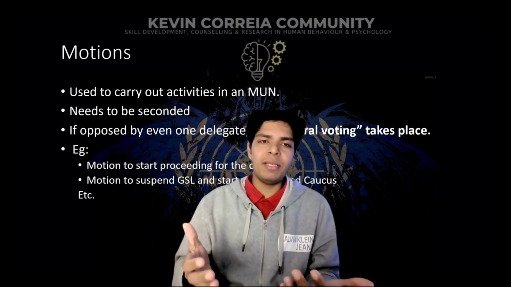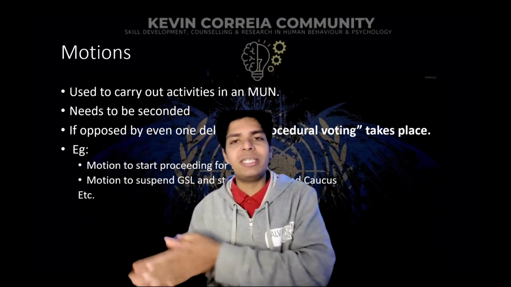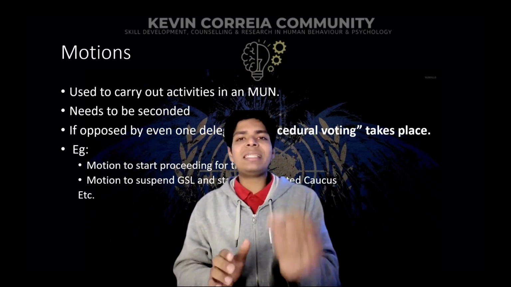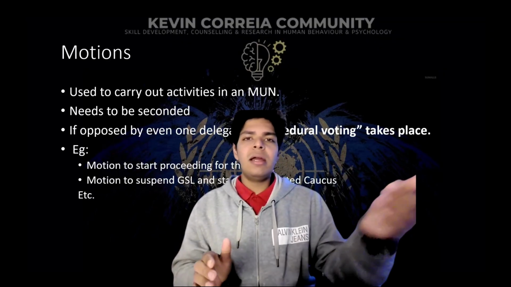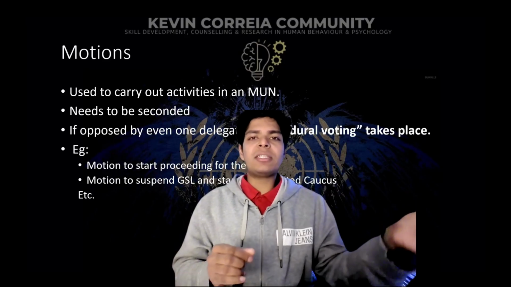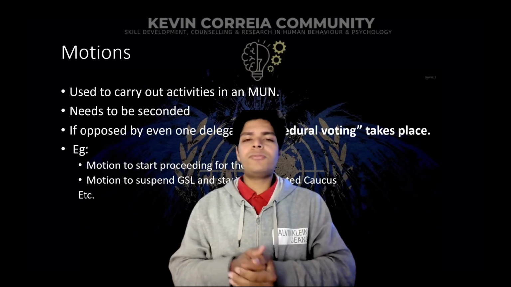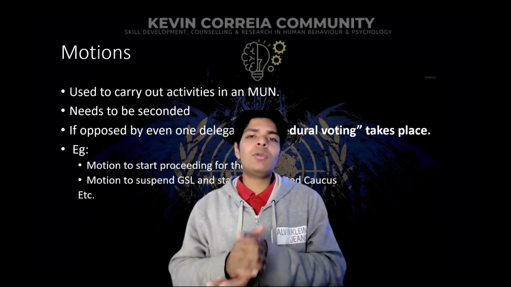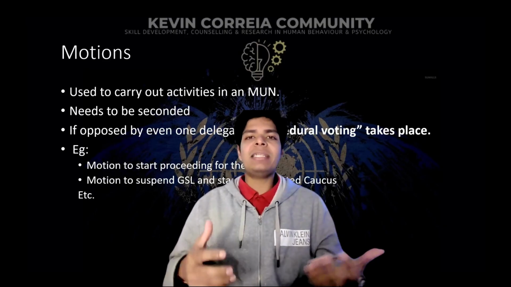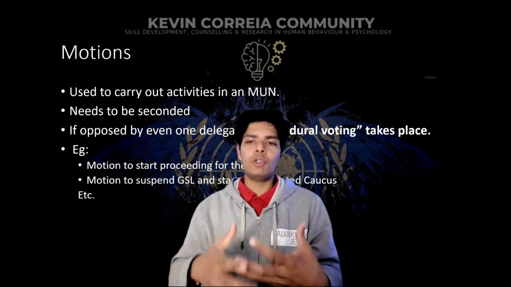For example, the delegate of Germany would like to raise a motion to start proceedings for the day, or the delegate of Germany would like to raise a motion to set the agenda to discussing conflicts of Israel and Palestine, or the delegate of whatever delegation would like to raise a motion to suspend the GSL and start a moderated caucus, and so on. So these are different ways of raising motions.